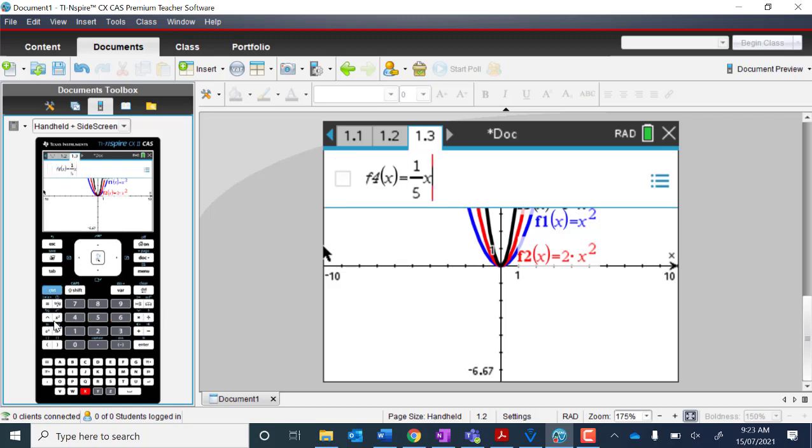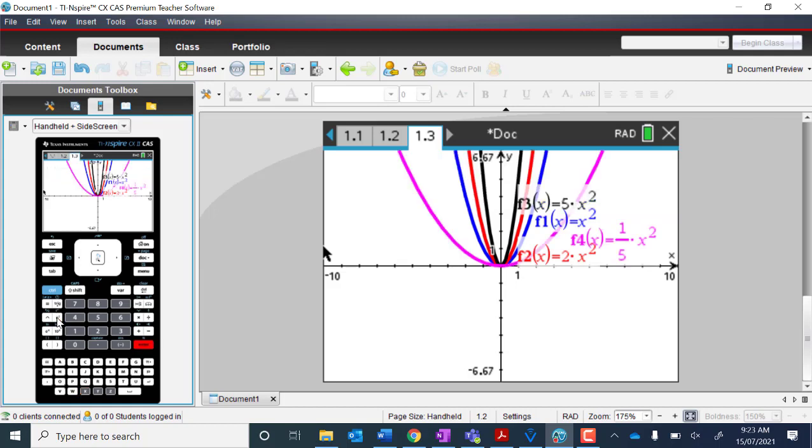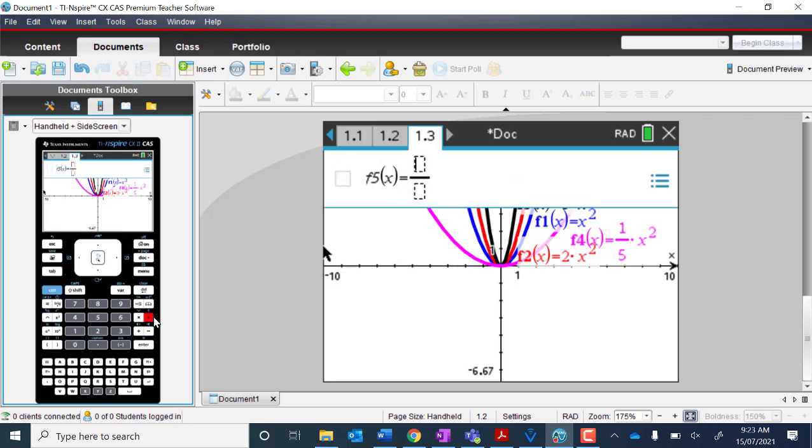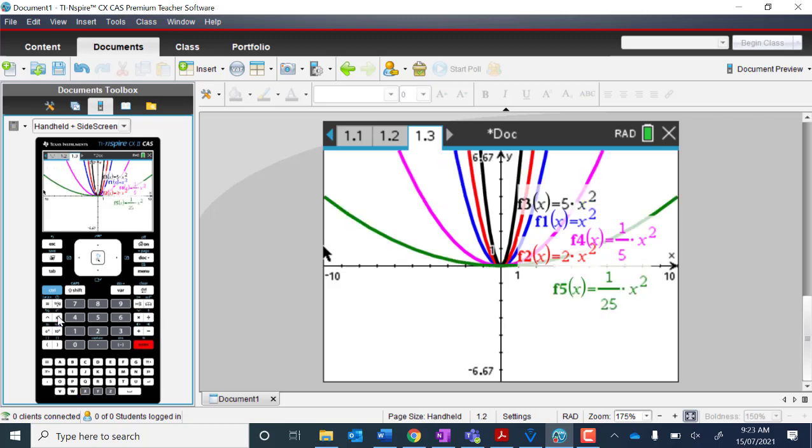Do you think it's going to make it thinner or fatter? Fatter. Can you see there that the pink one is 1/5 x squared? And of course, if I was to go even smaller than 1/5, like 1/25, it's going to be even wider again. There you go, there's that green one. It's made it very wide, hasn't it?